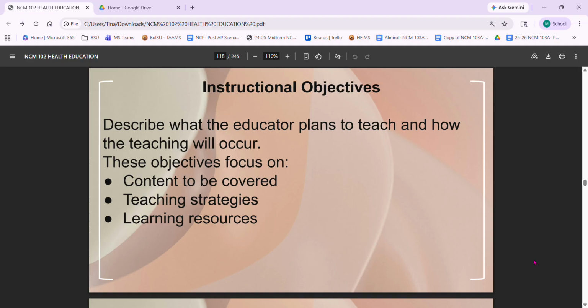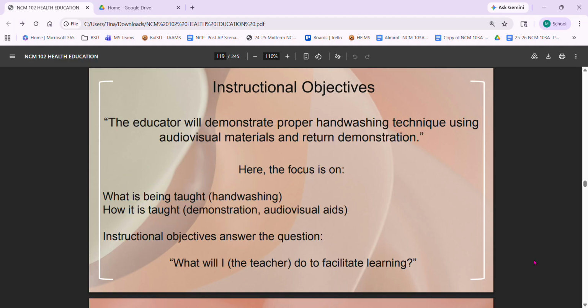Let's give an example. Instructional objective: the educator will demonstrate proper hand washing technique using audiovisual materials and return demonstration. Here yung focus is what is being taught, yung hand washing, and how it is taught, demonstration, audiovisual aids.